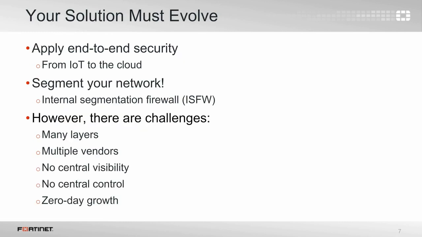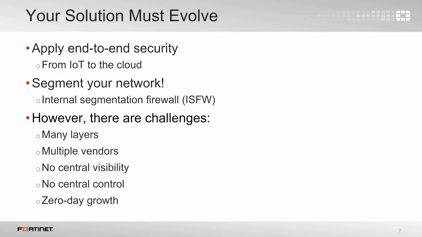In the same way that threats and network technologies have evolved, your network security strategies must evolve too. Administrators must apply end-to-end security from the endpoints to the cloud. Additionally, they must deploy internal segmentation firewalls to segment the network so that any breach coming from inside can be contained in one segment of the network without reaching other segments.